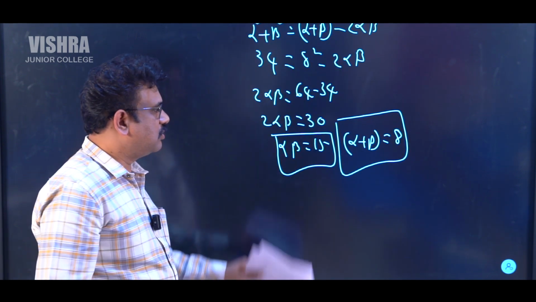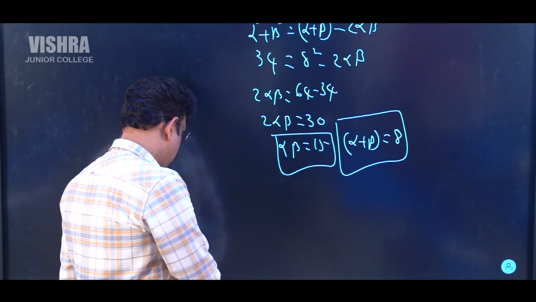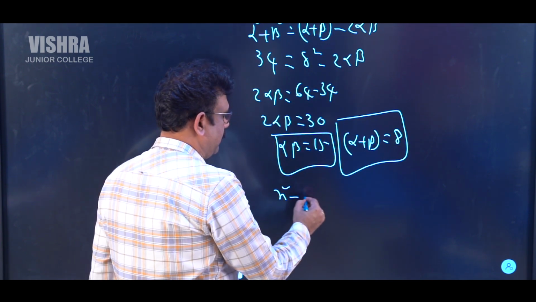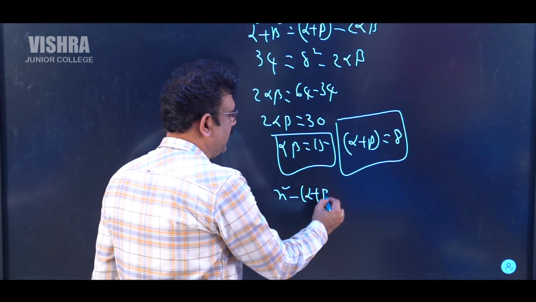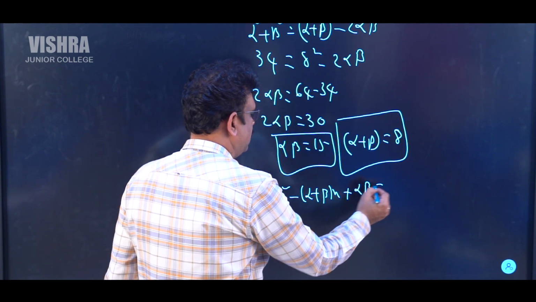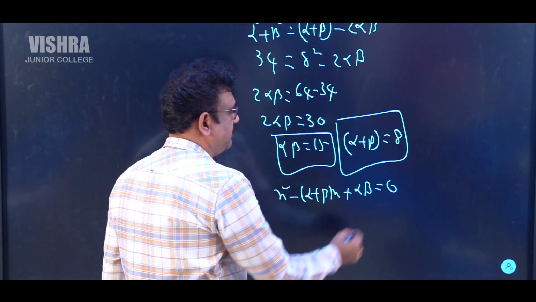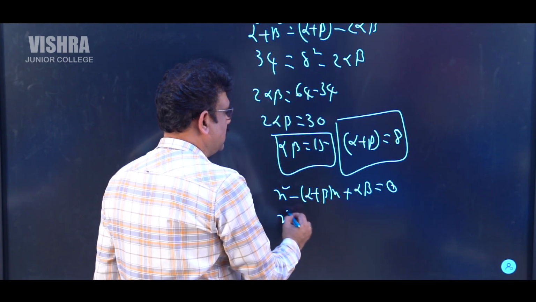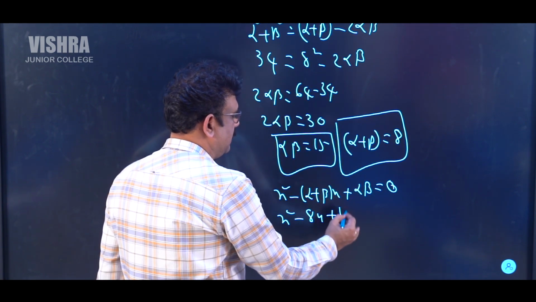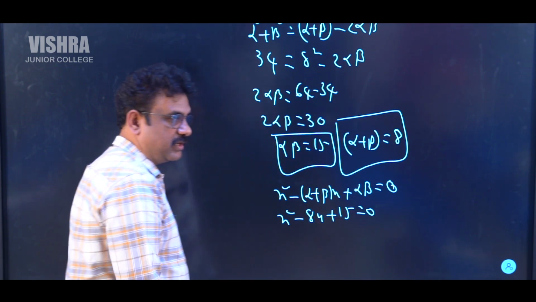Now these are the roots of x square minus (alpha plus beta) into x plus alpha beta equal to 0. This is the equation. So x square minus 8x plus 15 equal to 0.